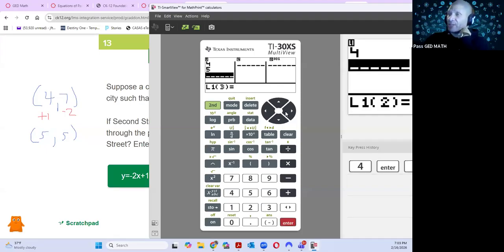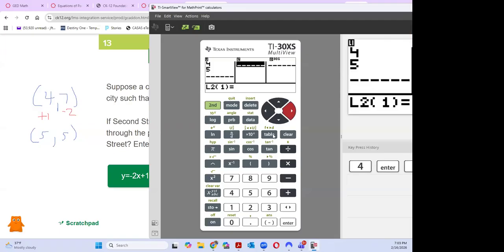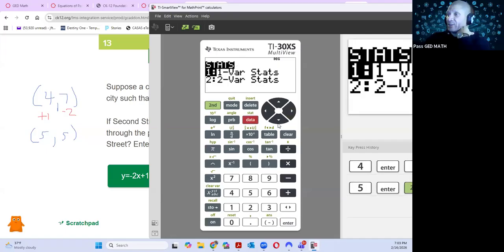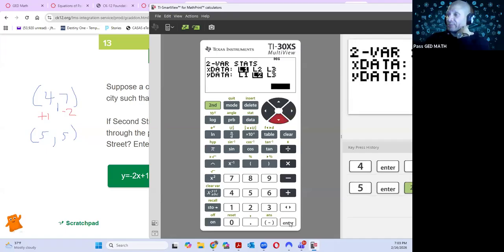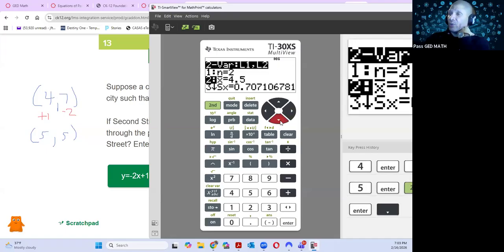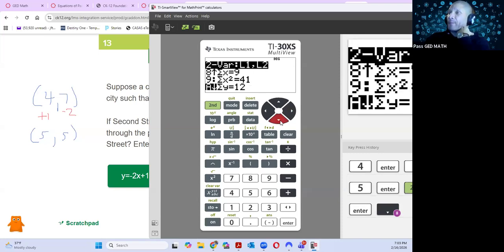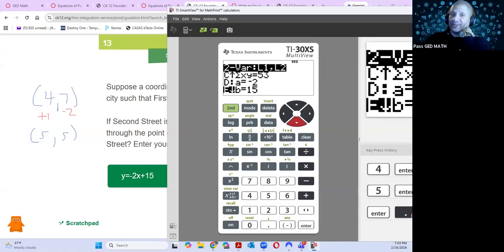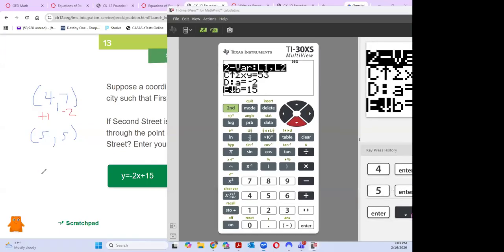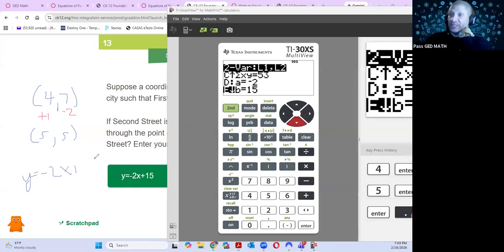I'm hitting my right arrow. My 2 y's are what? 7 and 5. 7 enter, 5 enter. Second data, 2 variable calculate. I'm looking for a lowercase a and a lowercase b. Did I get the same exact answer? Yes. y equals minus 2x plus 15. But I did it in 15 seconds.